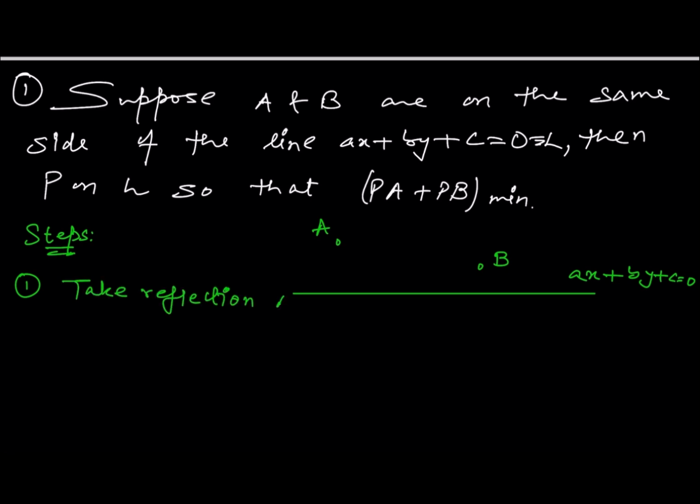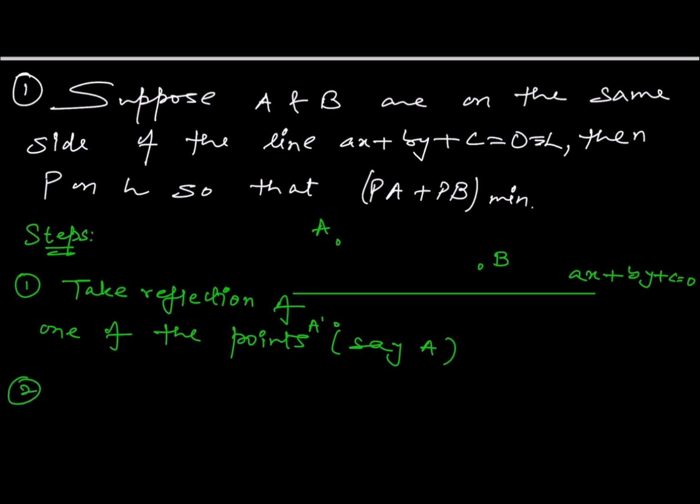Take reflection of one of the points. You can take any point for reflection. In this case, I'm taking A, right? So say I'm taking reflection, which is A dash.